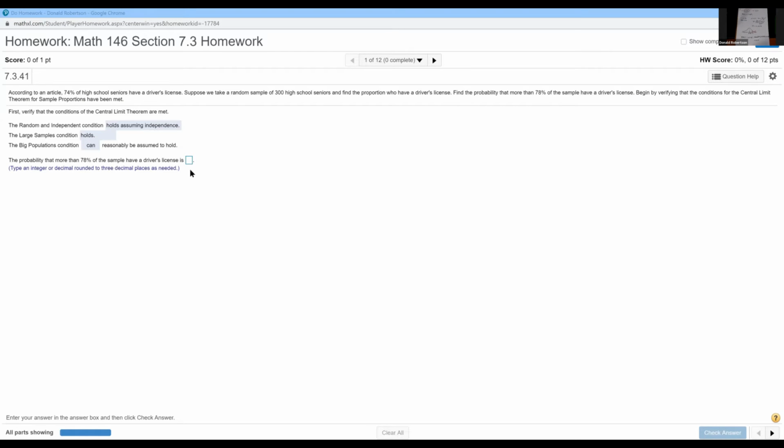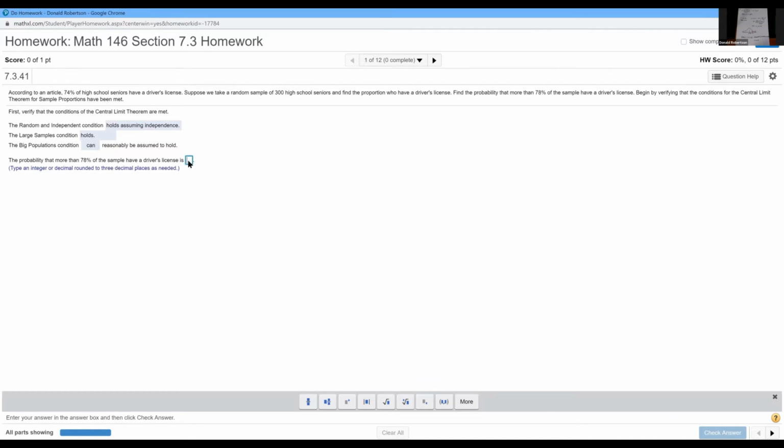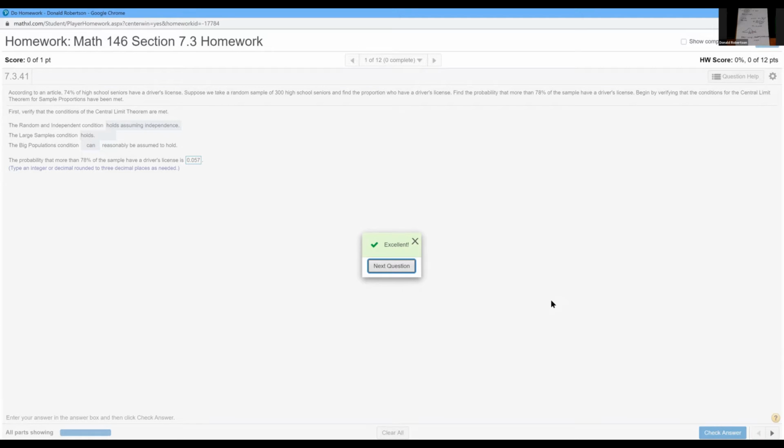Fingers crossed, I should be able to answer that question. It says type an integer or decimal rounded to 3 decimal places. So I'm hoping it's 0.057 and I didn't screw up somewhere. And excellent, I got it right.